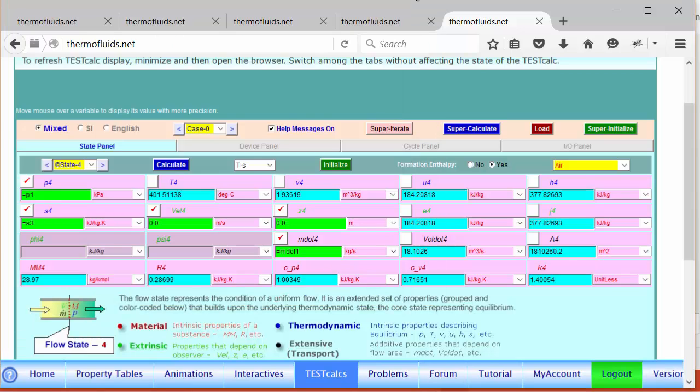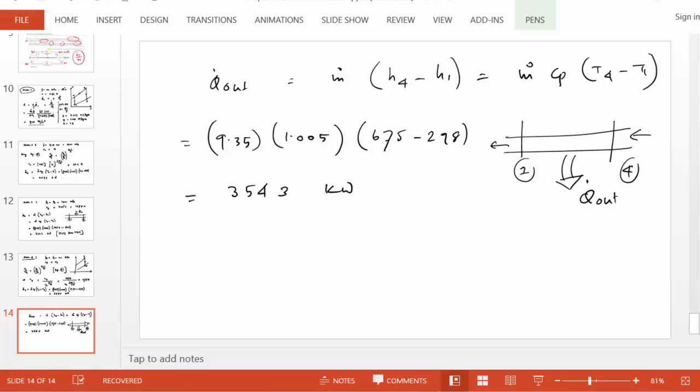So going back, now that we have analyzed every device, what are the questions? The first question is to find the thermal efficiency. So what is the net work? To find the thermal efficiency, the easiest way is to find the net work. We have found compressor work and turbine work.